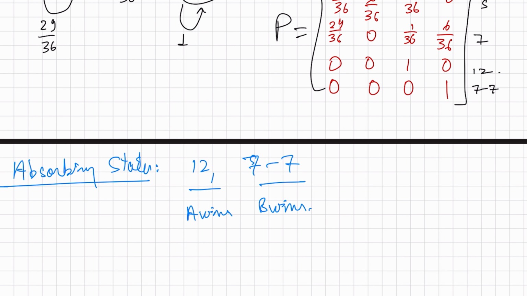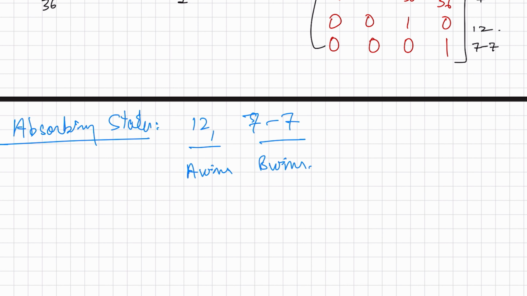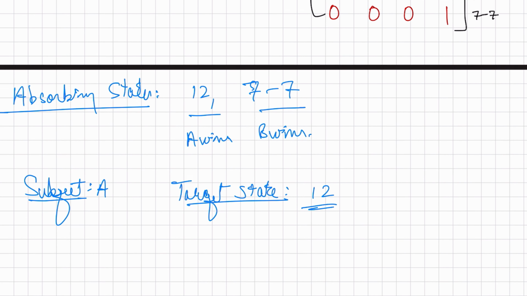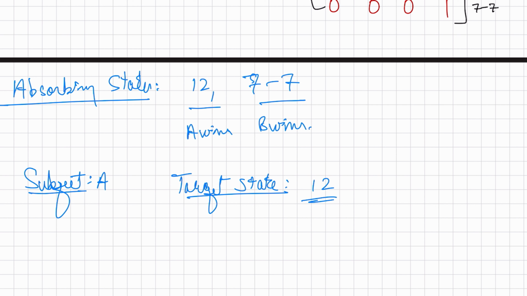All right, so we care about A winning. So our subject is A, and we have our target state. We talked about target states and absorptions and equations for absorptions. So here it comes. Our target state is 12. Now we're going to write equations for the probability of getting absorbed with respect to our target absorbing state being 12.